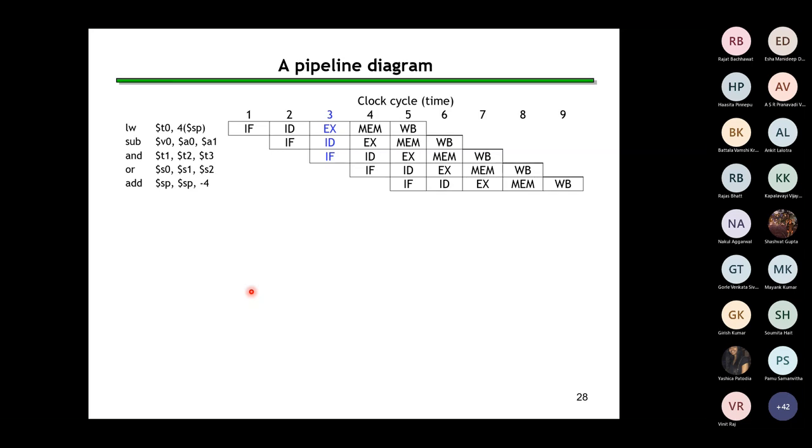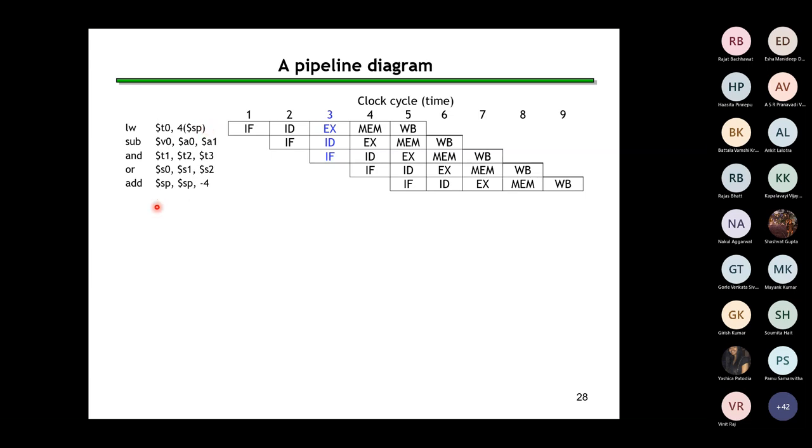Right? And therefore, since the operations are overlapped in time, if you have 5 instructions, normally in the single cycle case, with a disjoint implementation, for each instruction I need 5 cycles.